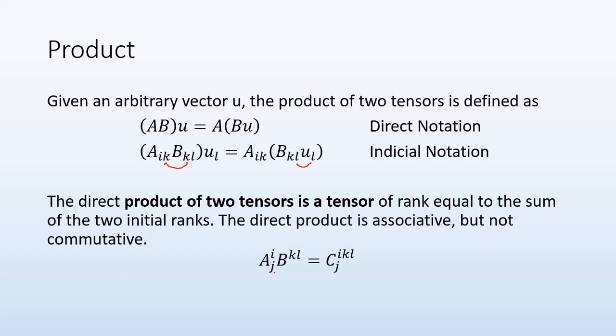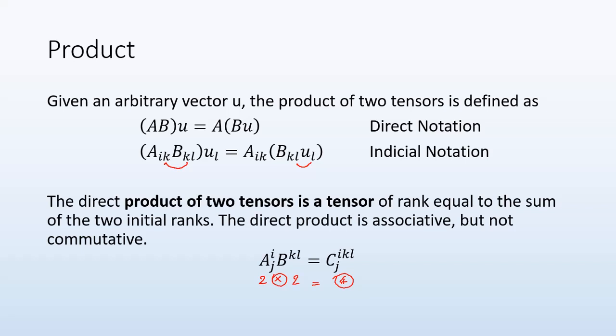Here A is a mixed tensor with indices i and j, and B is a covariant second order tensor with indices k and l, and the direct product, which is also known as the tensor product, will give you C, which has a rank of 4, that is C_ijkl. Here you are taking the tensor product of a rank 2 tensor with a rank 2 tensor, and you will get a tensor of rank 4.